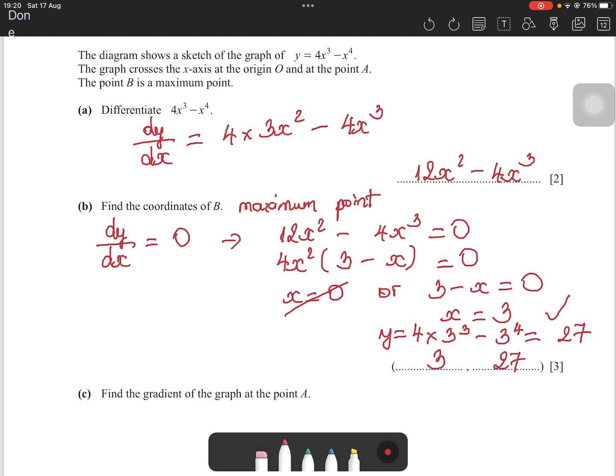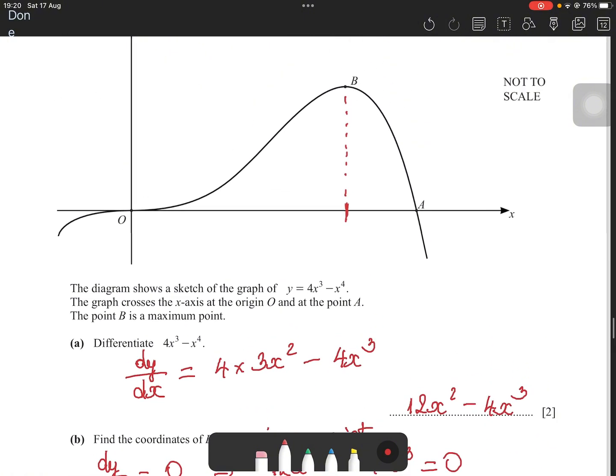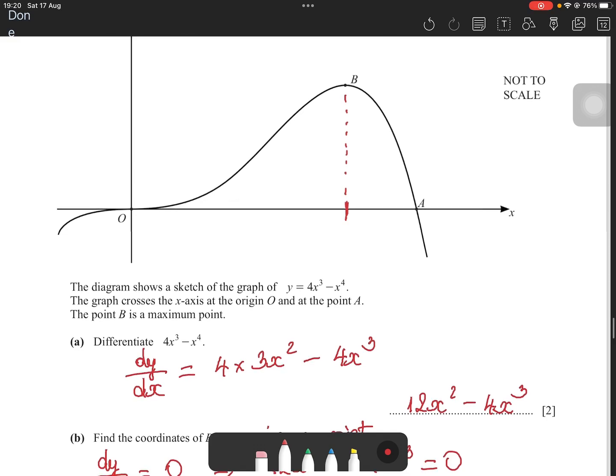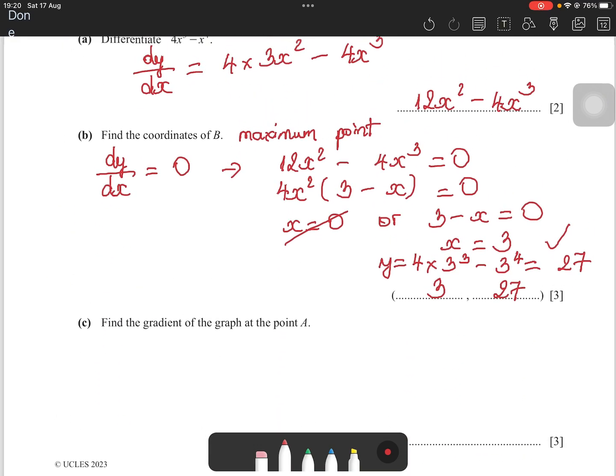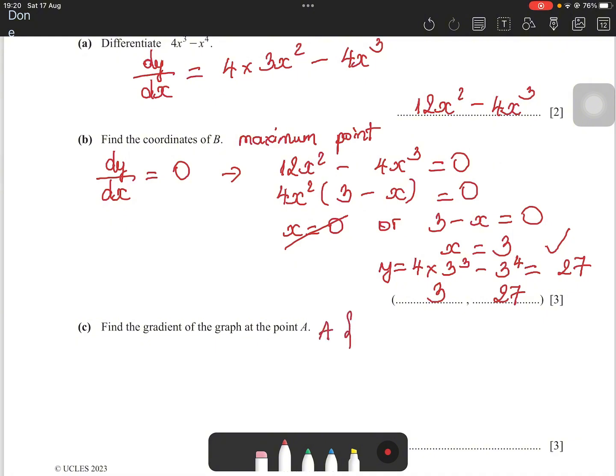C. Find the gradient of the graph at the point A. You know that A is the intersection of the graph and the x-axis. So A is the intersection of y equals 4x cubed minus x to the power of 4, and the x-axis, which means y equals 0. This is the equation of the x-axis.